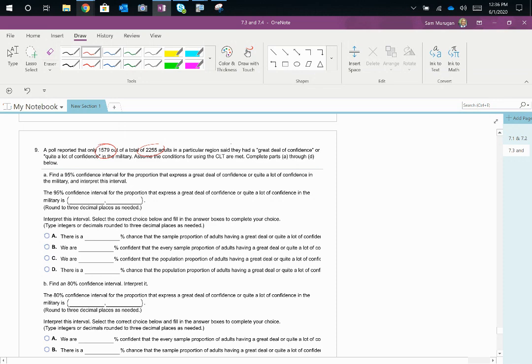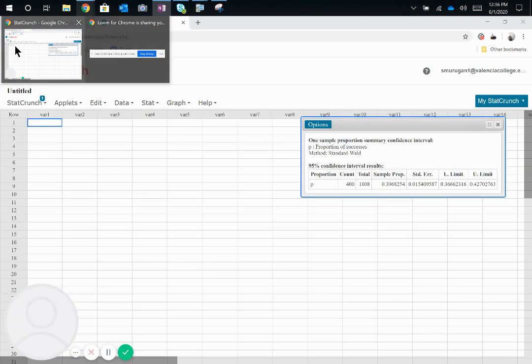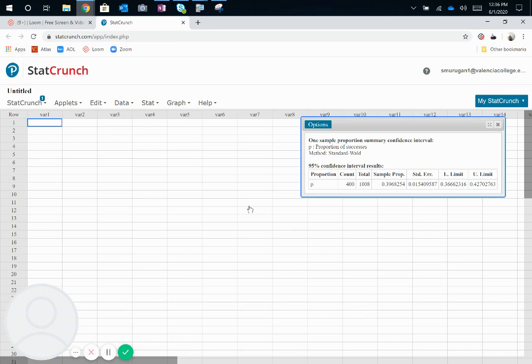Find a 95% confidence interval that expresses a great deal of confidence or quite a lot of confidence. So part A, we're just going to go straight to StatCrunch, 1579 and 2255.